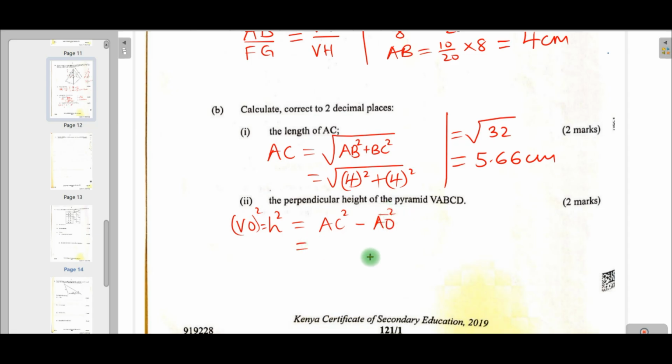Therefore H will be the square root of 10 centimeter squared, minus AO, 2.83, squared. If you work it out using a calculator, we shall end up getting 9.79 centimeter. So that is H.